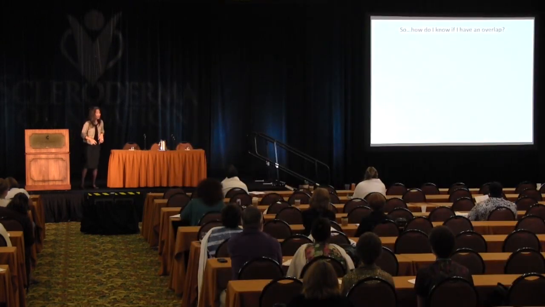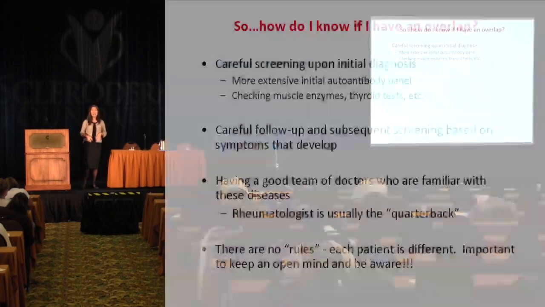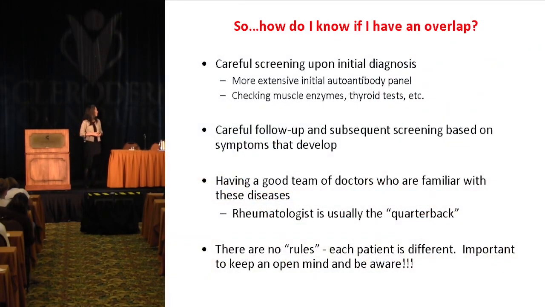So how do I know if I have an overlap? I would recommend careful screening upon initial diagnosis. What I do with all my patients is when I first meet them, I do a very detailed clinical assessment, get their family history, really take a look at everything, and then I send off a bunch of lab tests. Most of my patients are actually grateful. They say, wow, you really turned over every stone, and I apologize for bleeding them so much.